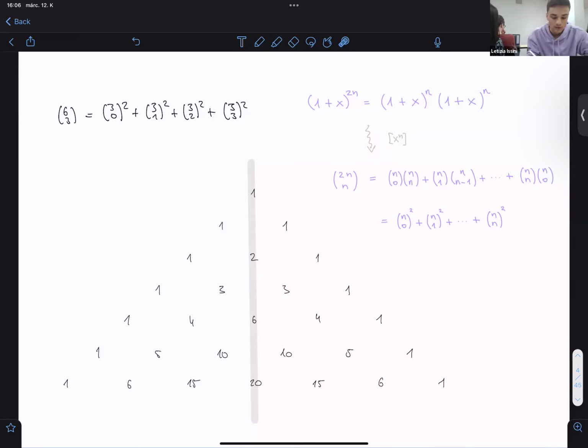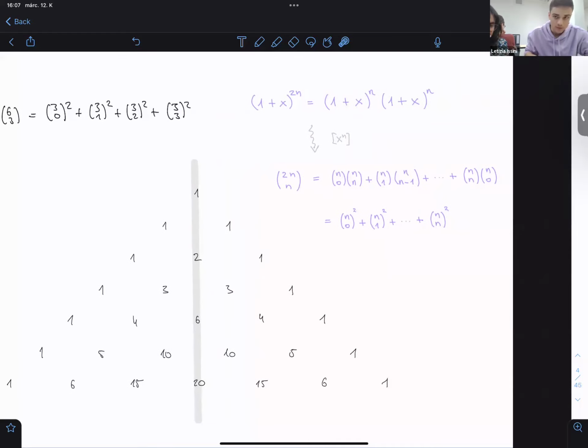And on the right-hand side, we could choose x k many times from the first factor and n minus k many times from the second factor. So altogether, the coefficient of x to the n will be n choose 0 times n choose n plus n choose 1 times n choose n minus 1, and so on. And by symmetry of the Pascal triangle, this is just equal to the square sum, so like n choose 0 squared plus n choose 1 squared up to n choose n squared.